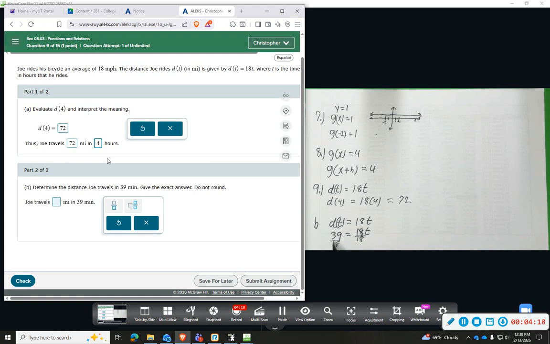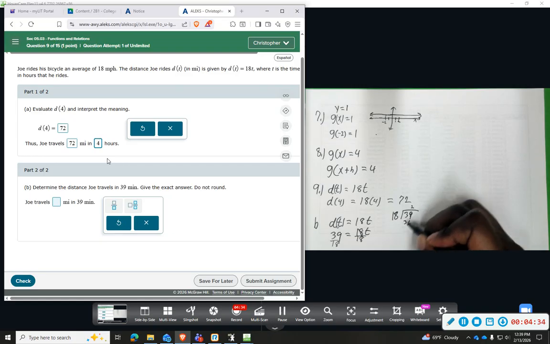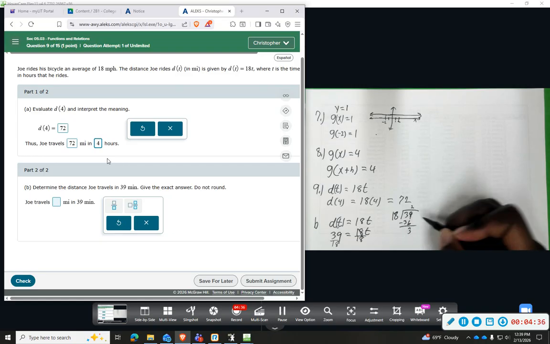We could simplify this to a mixed number. 18 goes in twice, so if I'm doing long division, 39 divided by 18. 18 goes in there twice, that would be 36. Subtract, and we have a remainder of 3.